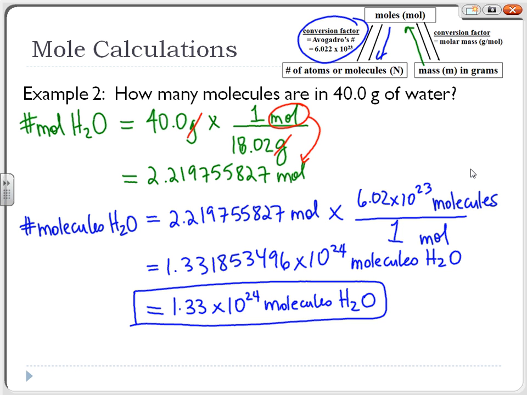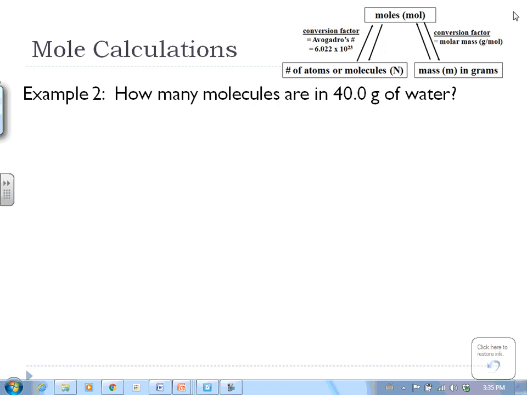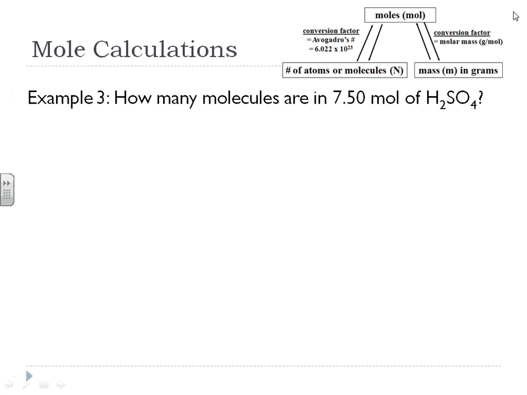What I'd like you guys to do is maybe try number 3 and 4 on your own and see if you can. I'll flip to the next slide, and I'll just post the answers for the next few questions. If you want to try them on your own, you can check to make sure you're getting the right answer. So here's example number 3.